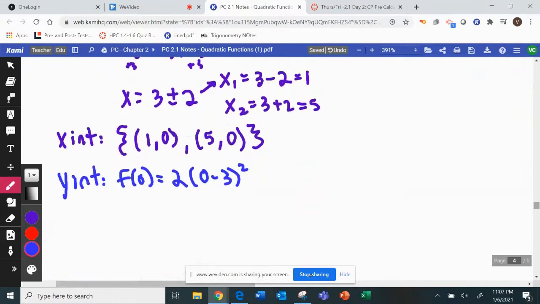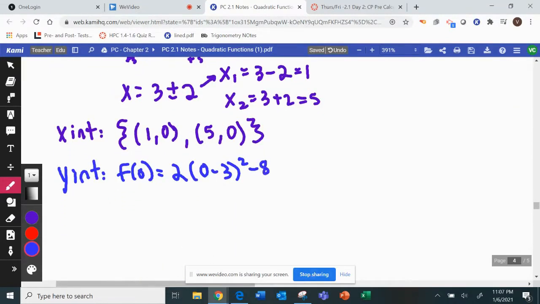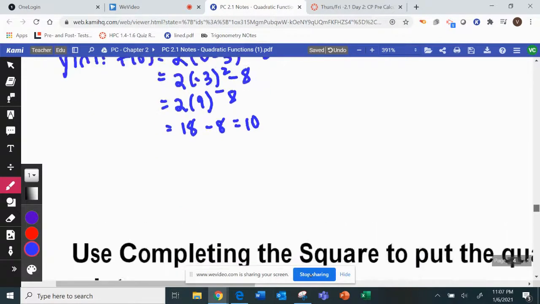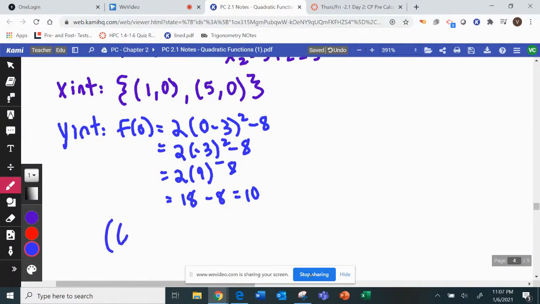Oh, minus 8. Minus 8. Now we're just going to evaluate this for f of 0. So 2 times negative 3 squared minus 8. It's 2 times 9 minus 8, which is 18 minus 8, which is 10. So our y-intercept is 0, 10. Again, writing it as an ordered pair because we're asking for the intercept.